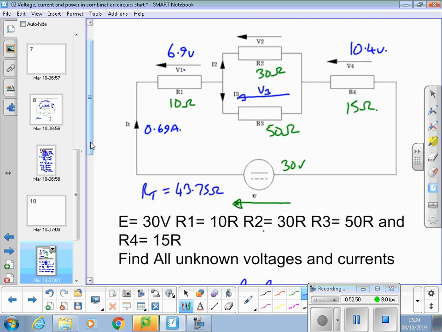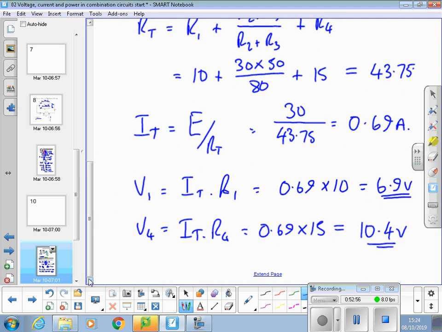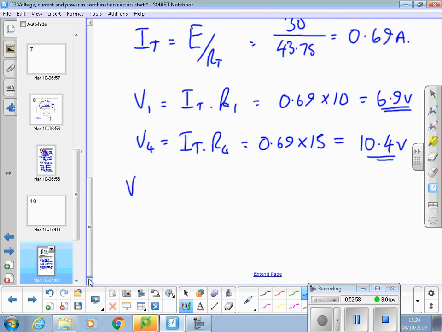Well, V3 and V2 are the same, yeah? So what we could say to clarify is that V2 is equal to V3, and it's equal to E minus V1 minus V4. 30 minus 6.9 minus 10.4 equals.